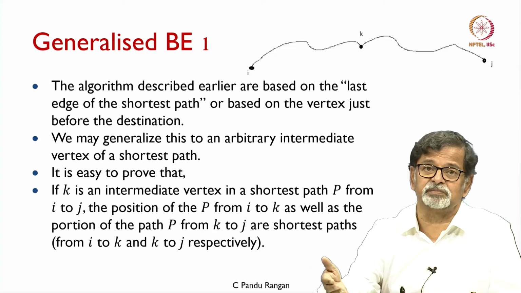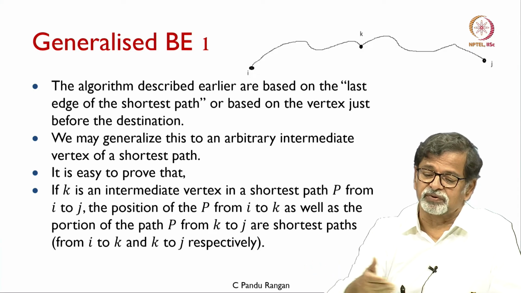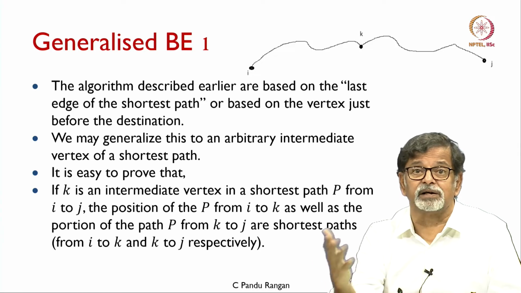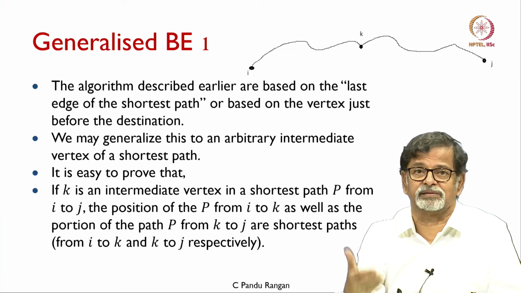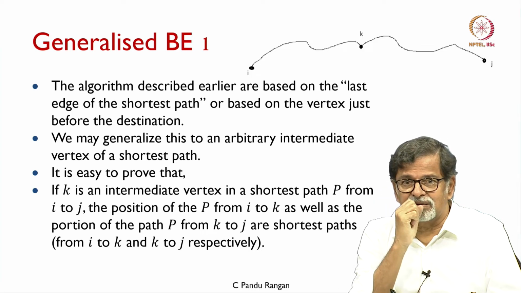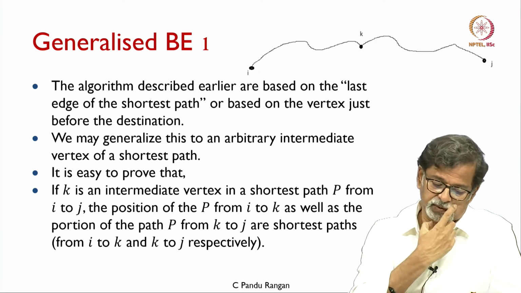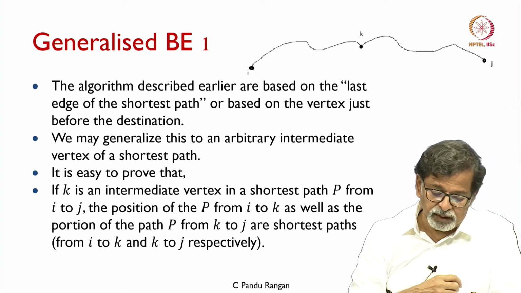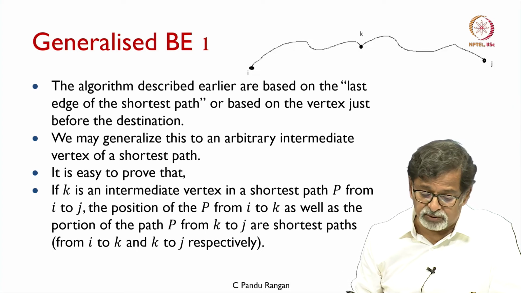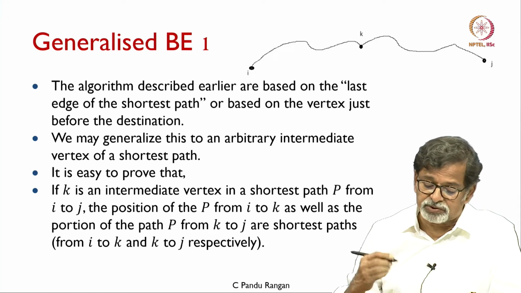So you can say in this picture a path from i to j, and k is an arbitrary intermediate vertex. It could be anywhere in the path, it need not be the last edge.